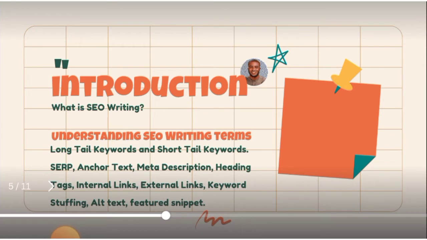So the next thing we're going to talk about is anchor text. Now, anchor text is a visible character and word that appears within a blog or an article. Let's say you want to link to another document or another website or another blog post within your own website. You usually use an anchor text.